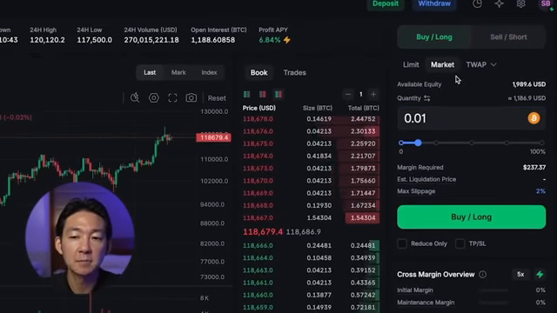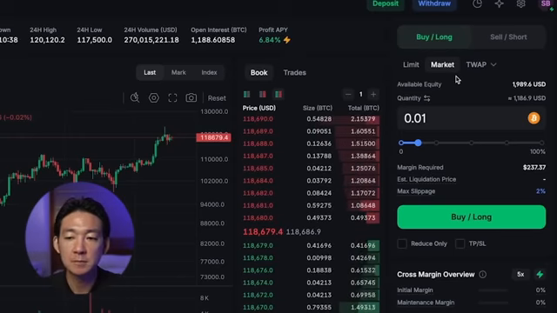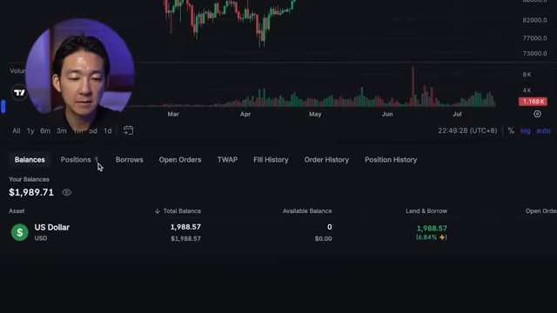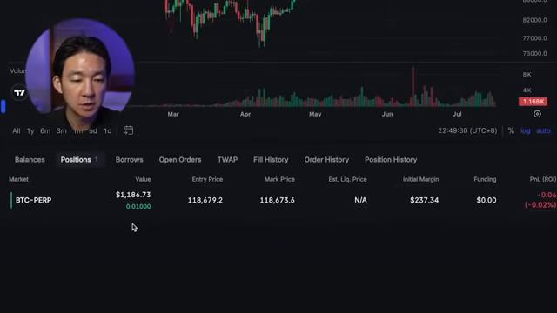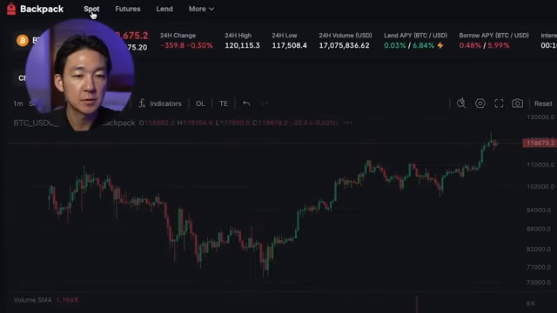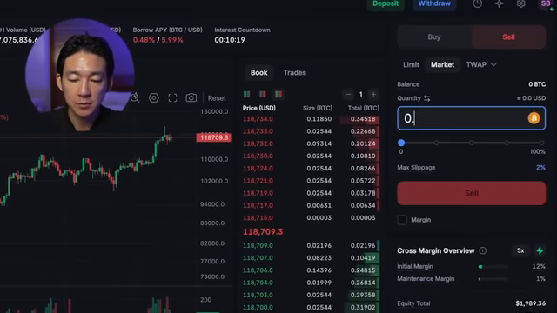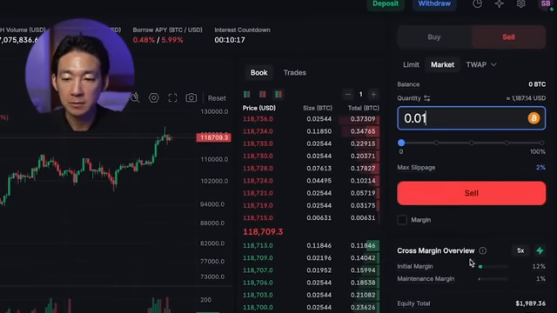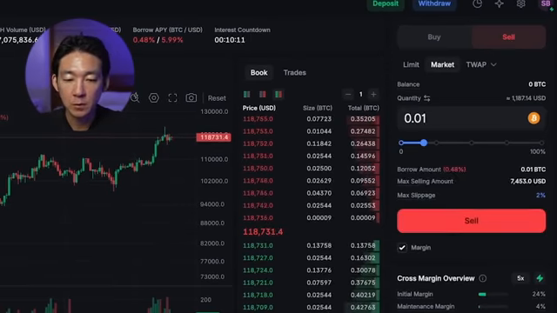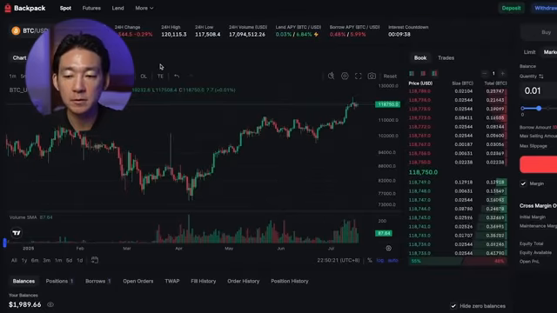I don't like buying Bitcoin at market at this time, but just to show you, I'm going to do it. So I'm going to buy 0.01 Bitcoin, and now I have a Bitcoin long position of 0.01 Bitcoin. And now what I'm going to do is go to spot and sell 0.01 Bitcoin on margin. Okay, now the order is executed.